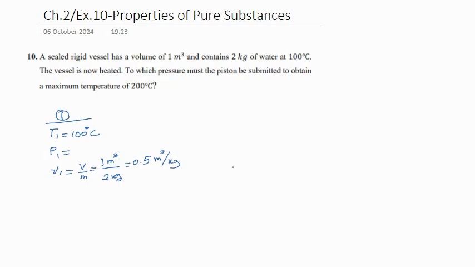To explain this further, let's quickly draw the dome shape. This is your temperature, this is specific volume.